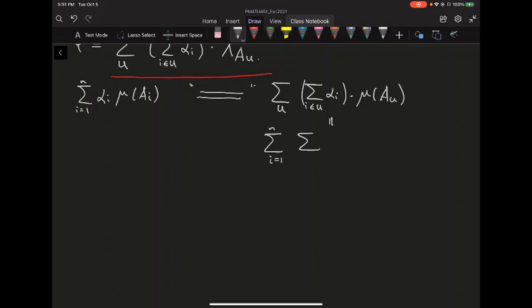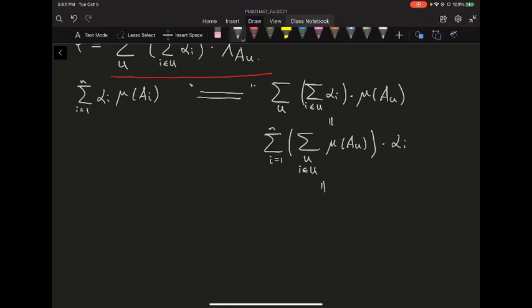In the second summation, you need to sum over U, and the requirement is that this index i is part of U. And you have alpha_i times mu of A_U, okay? So alpha_i only depends on i, it doesn't depend on U, so what you can really say is I sum over all the mu of these A_U, and then I multiply everything by alpha_i.